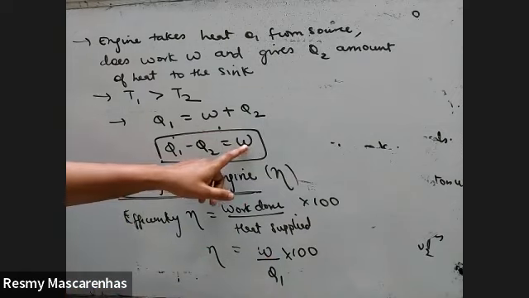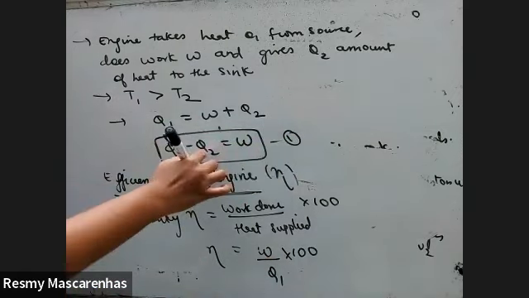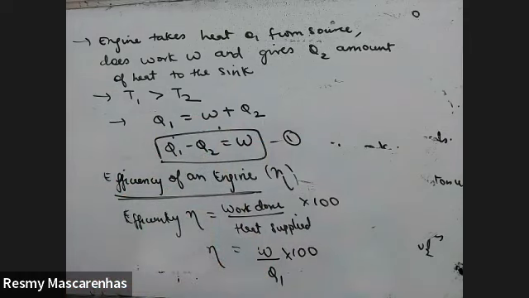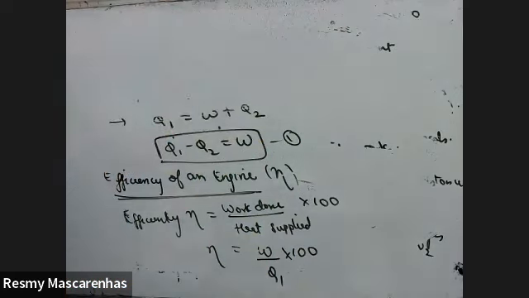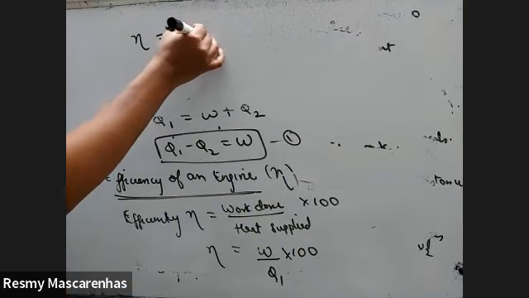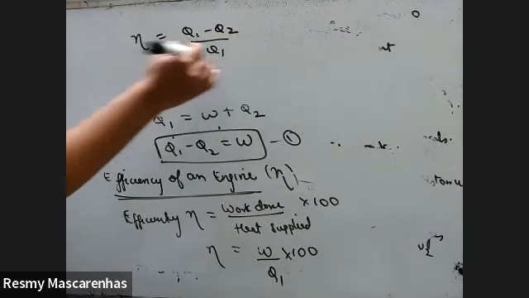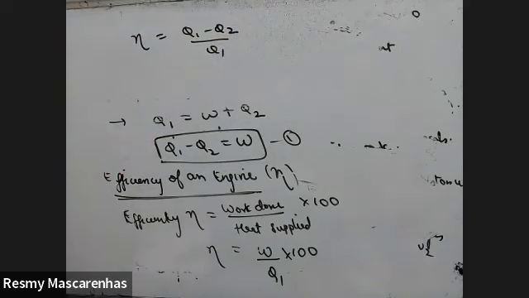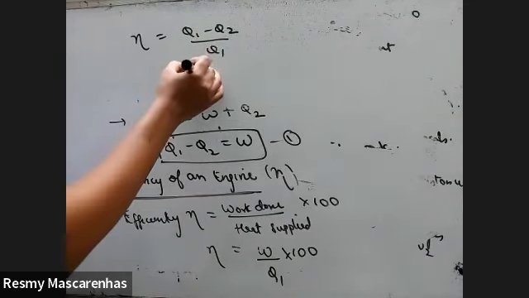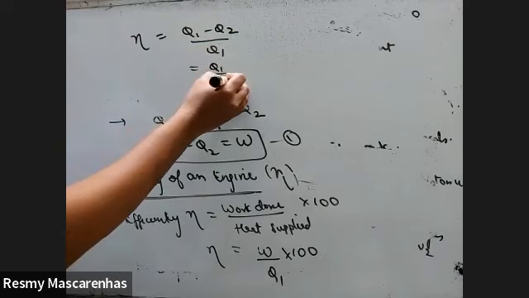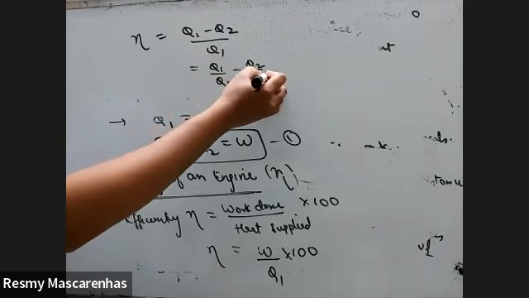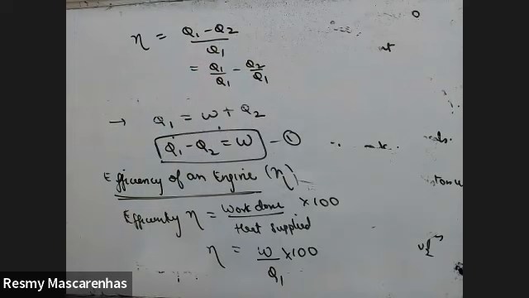From this equation, what is work done? Q1 minus Q2. Just distribute this.